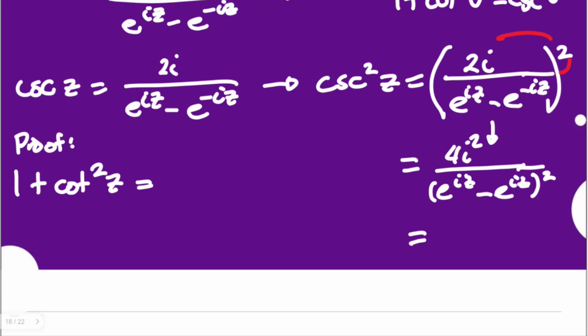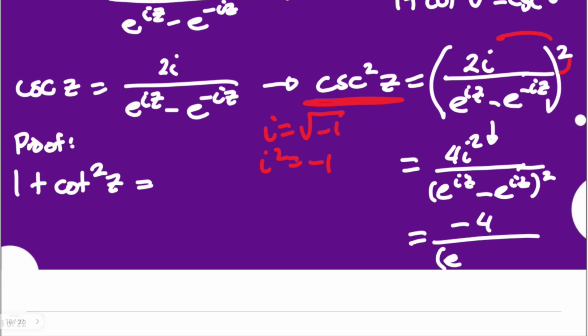Take note, we have here i squared, and we know that i is equal to the square root of negative 1. Hence, i squared must be equal to negative 1. So the form of our square of cosecant z is equivalent to negative 4 over the square of the entire binomial expression, e to the power of iz minus e to the power of negative iz.